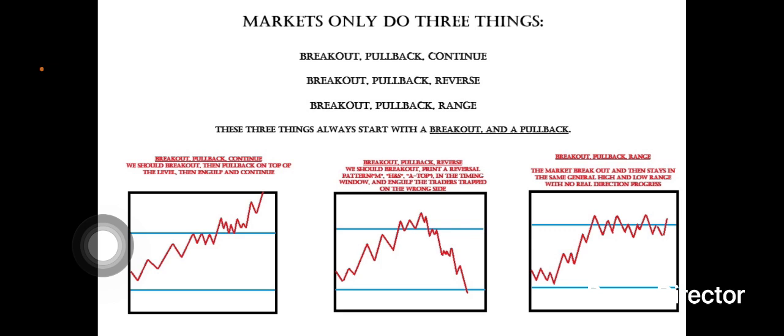Here we're looking at a breakout, pullback, reversal type of scenario. In which we should break out, print some type of reversal pattern after we break out, like an M at the high of the day, a head and shoulders type of pattern, or an A top reversal type of pattern, in the timing window of whatever session you're trading, and then engulf the traders that are trapped on the wrong side of the market.